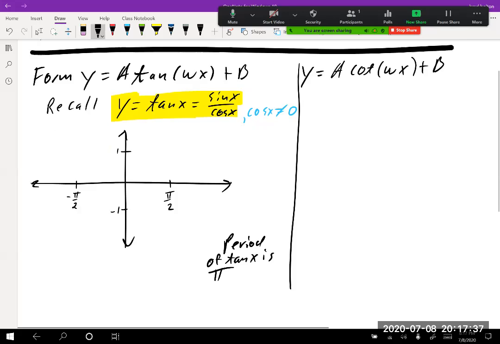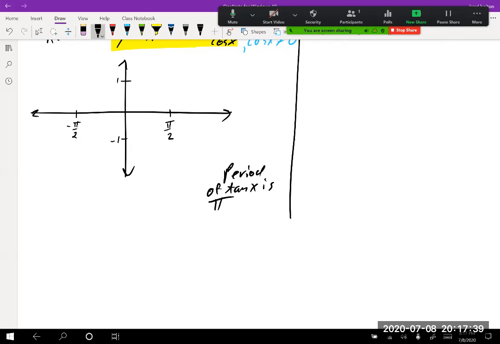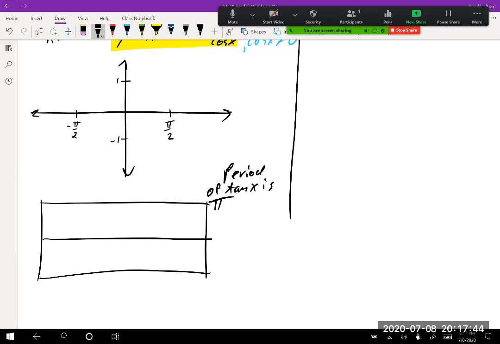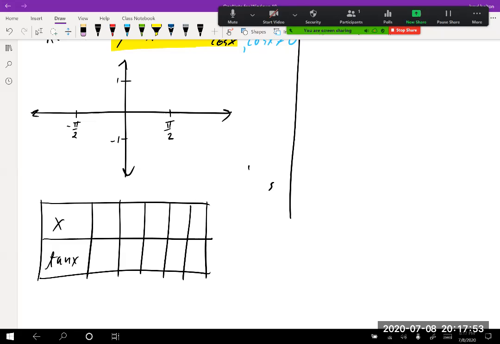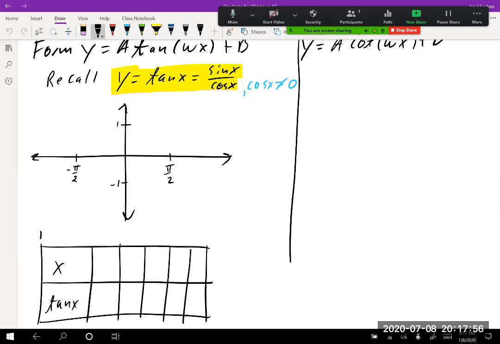So what we should do is make a little bit of a table, similar to before. Period equals pi. But if the period equals pi, then the interval size is pi divided by 4.